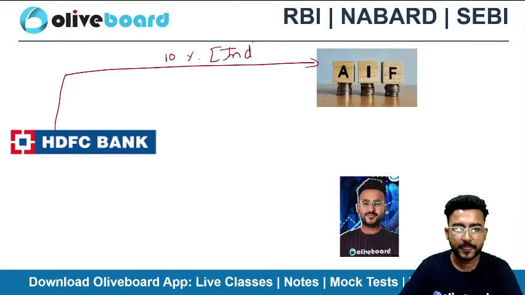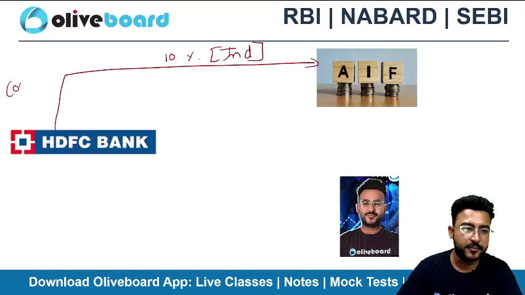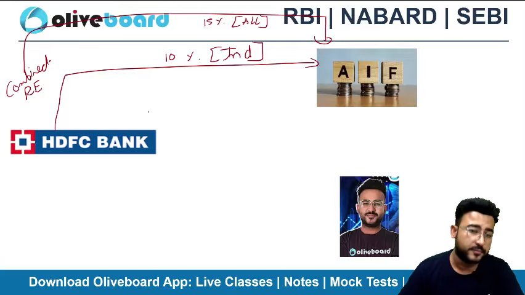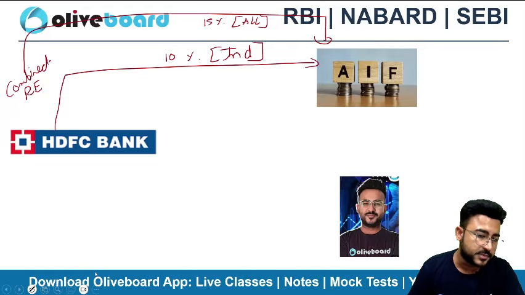IND. If all the REs combined are contributing, 15% is the limit for all. But now this is a separate case.